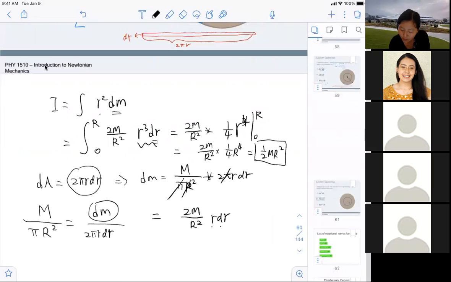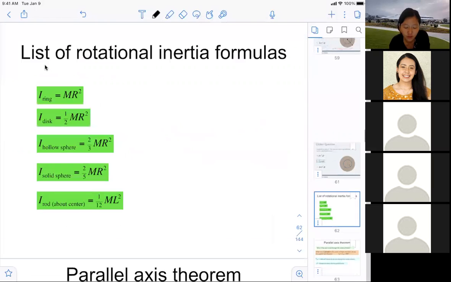So this is all the things we have seen so far. A ring, a disk, hollow sphere, solid sphere, and the rod. We derived this one ourselves. We derived this one ourselves. But I would say we're not going to expect you to know the derivation on exams.